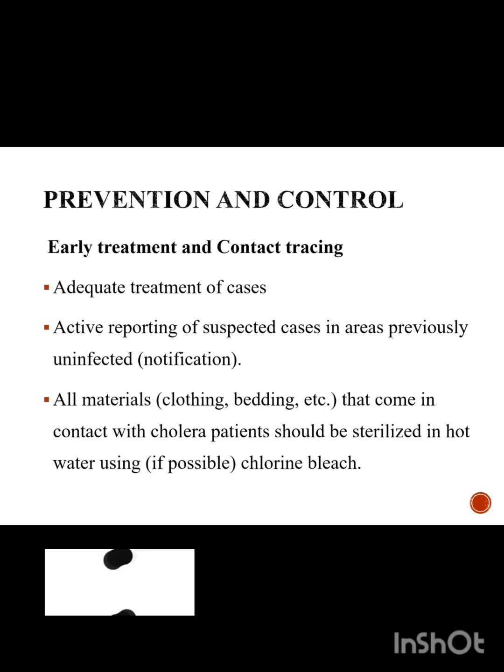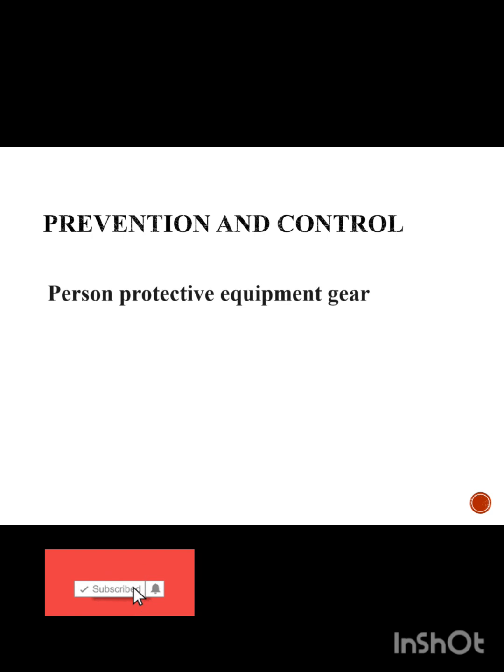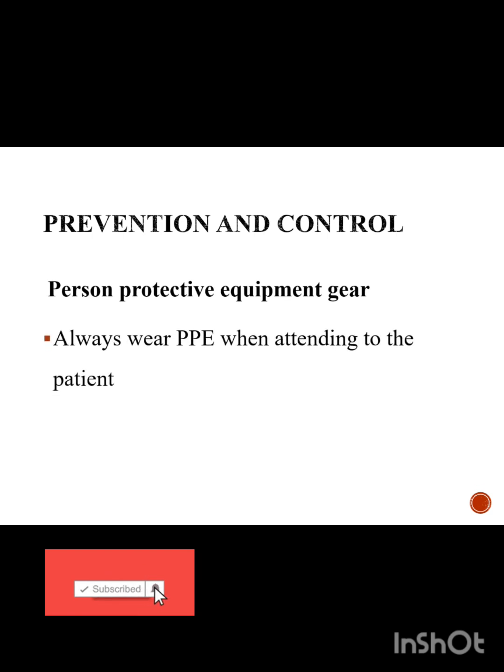beddings. Okay, then personal protective equipment. So the people who are treating these patients who have cholera should always wear protective wear. They should make sure that they protect themselves because they can easily get the infection.